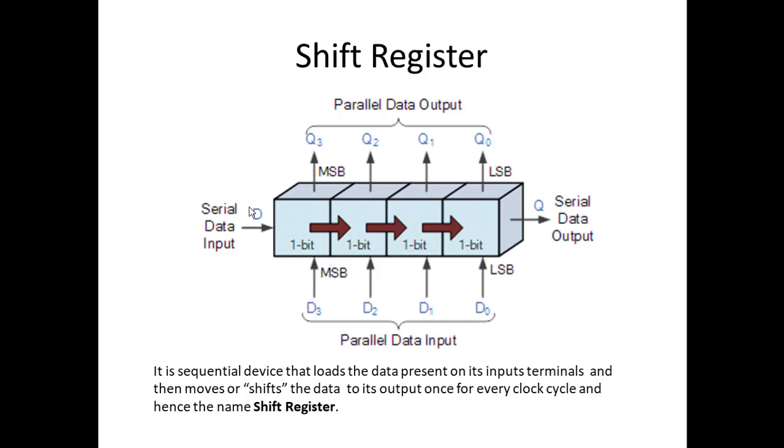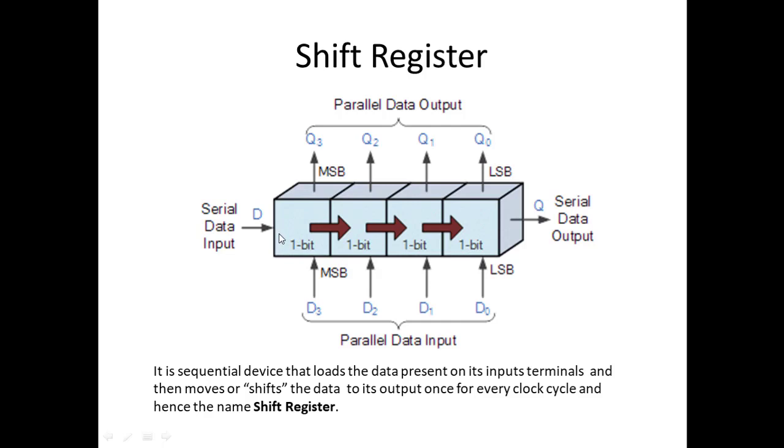For the second clock pulse, the first bit moves to the next flip-flop, and the next least significant bit, again 1, moves to the first flip-flop. With 4 consecutive clock pulses, 1 will be stored in each of the 4 flip-flops.